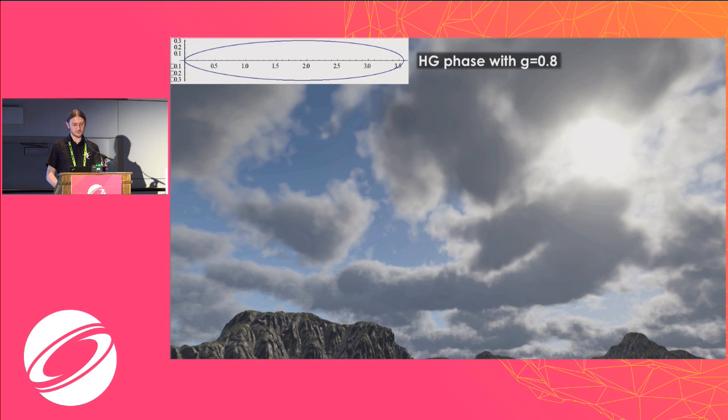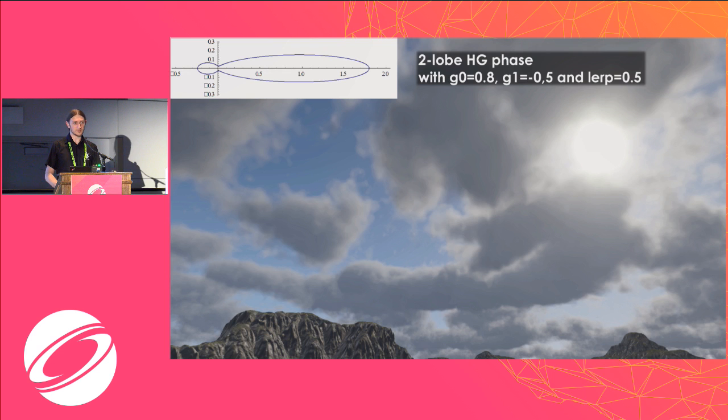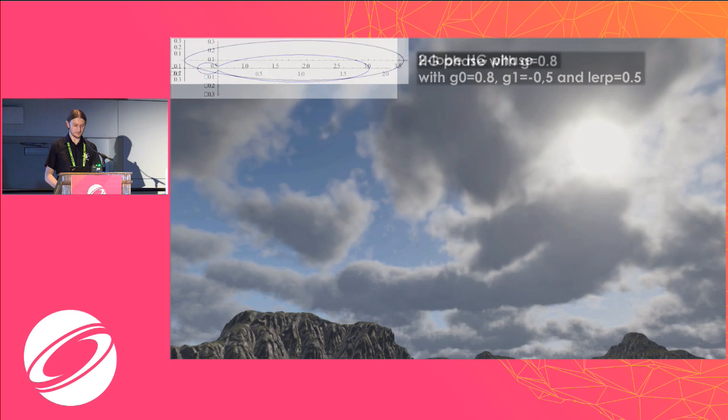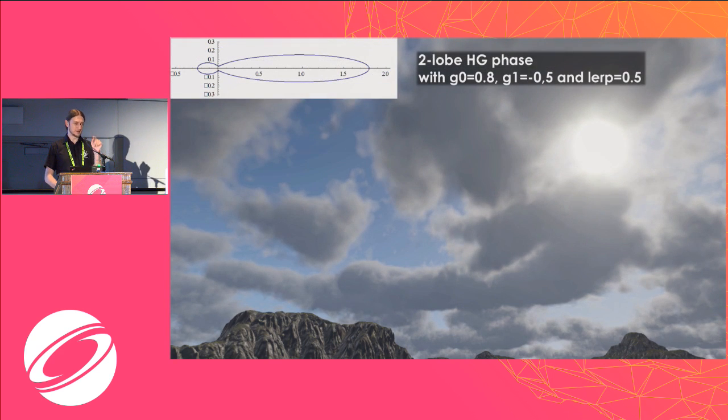So this is a cloud rendered with only forward scattering. You can see the phase function lobe at the top left with only forward scattering. And this is the same cloud with forward and backward scattering. You can see that the silver lining shape is a bit less intense, and that is expected in an energy conservative solution.